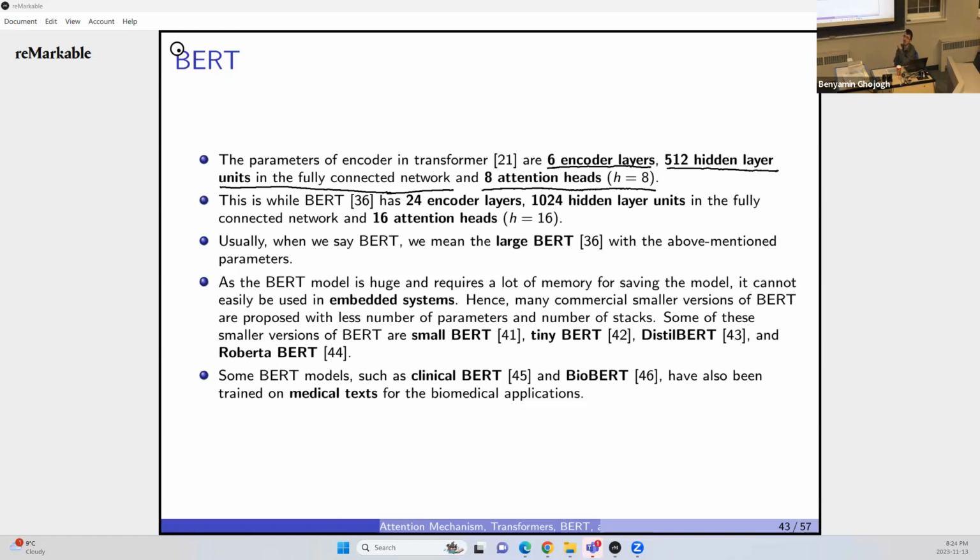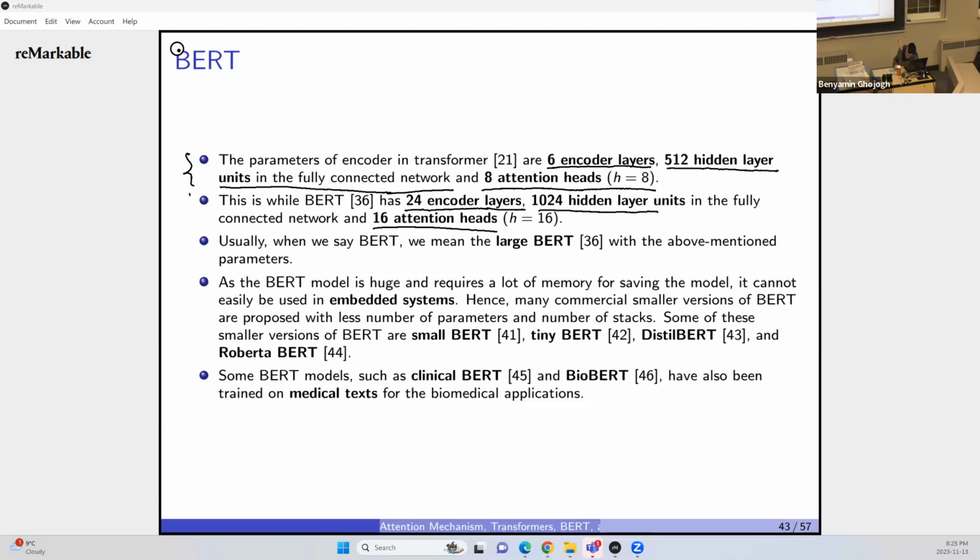In the regular transformer, we had 6 attention heads, they have used 8 attention heads, right? So, sorry, I apologize, these were in the transformer, 8 or 6. But BERT has used a lot more: 24 encoder layers, 1024 hidden layer units, and 16 attention heads. Whatever the transformer uses, 8 or 6, doesn't matter.